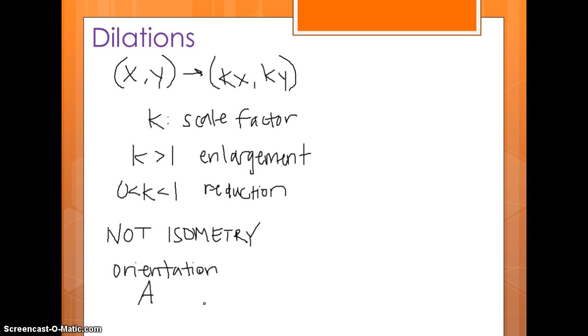One thing that's important to remember is that all of the points of our pre-image and our image are collinear, which means they're on the same line. So they're collinear with the center of dilation.